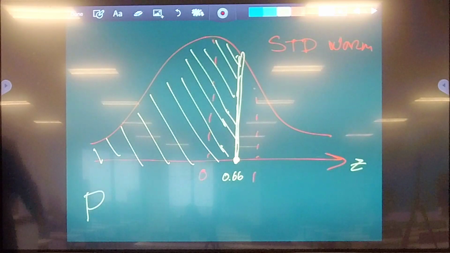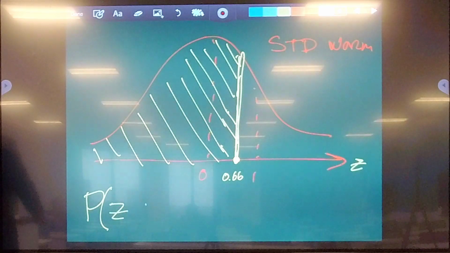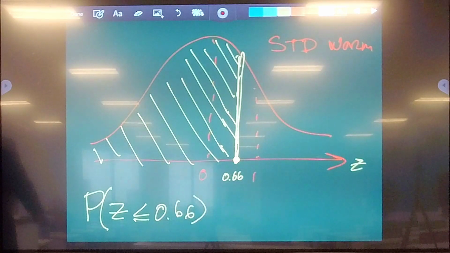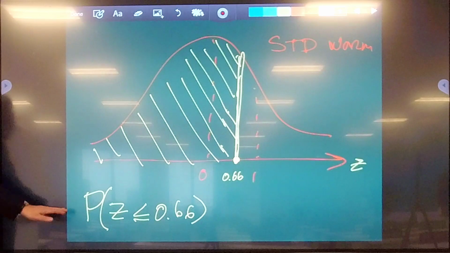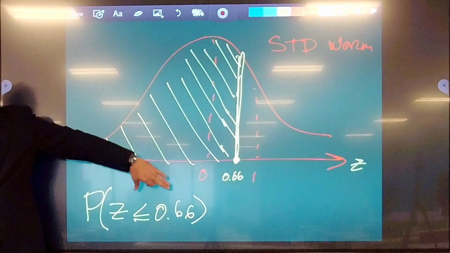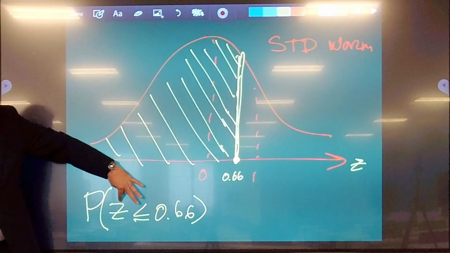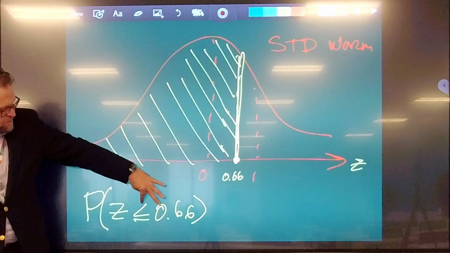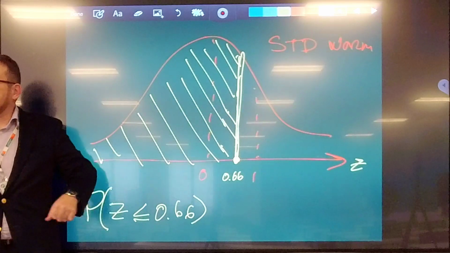P for probability, capital P. The probability that Z is less than or equal to 0.66. Okay. Probability, and then in here is an event. It's the probability of an event. The event is that a randomly selected Z was less than 0.66.